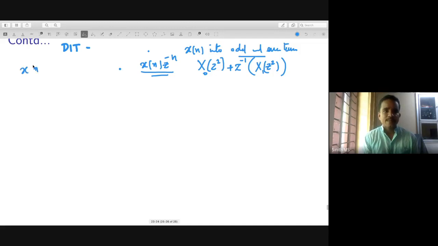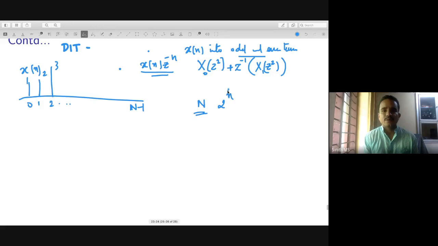Similar to that, suppose your x[n] is something like x[0] to x[N minus 1], and suppose your N is an exponential of 2, say 2 raised to m.